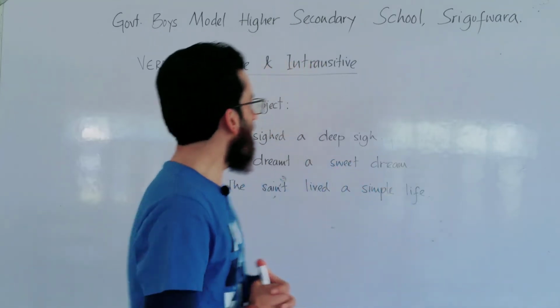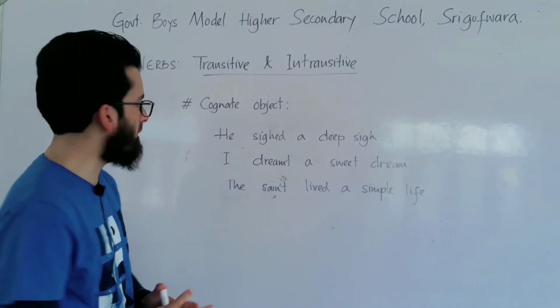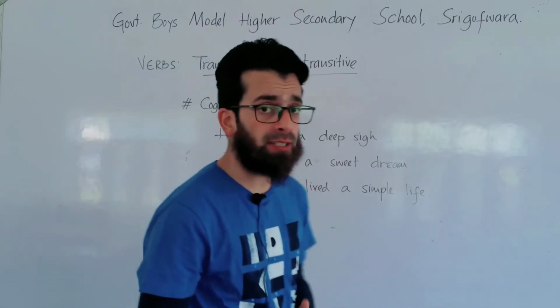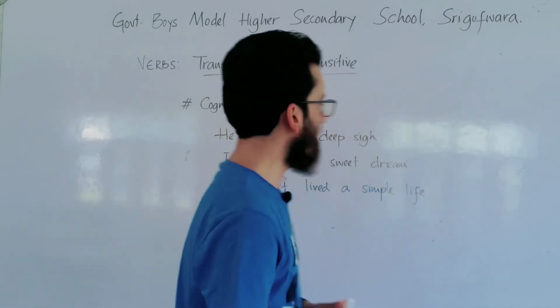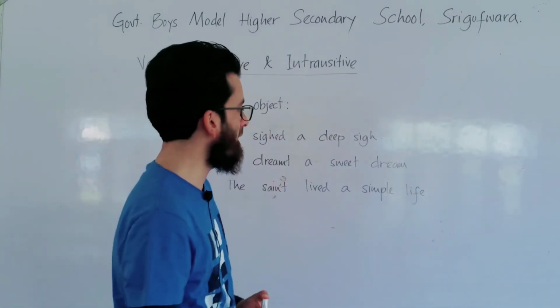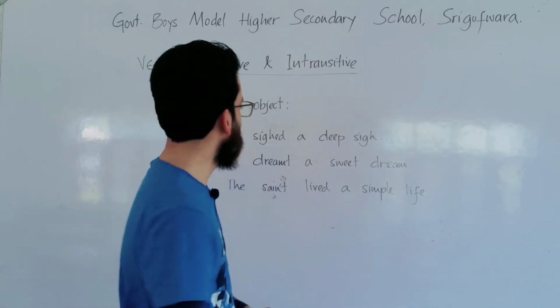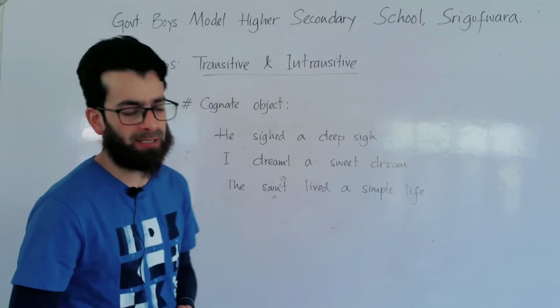Okay, now we have another aspect of intransitive verbs. We have already discussed it in the functions of noun, but here we have something different. You should be familiar with this concept, cognate object.